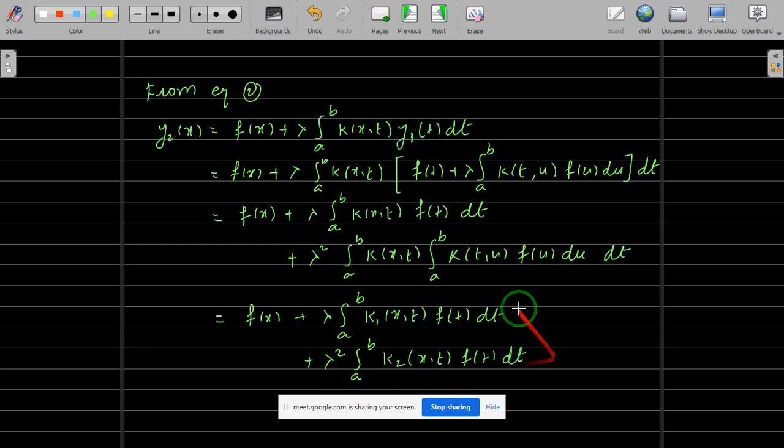Now what you do is, for this you change the order and check what are the effects over there and you will get this.